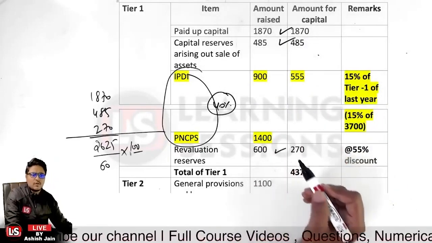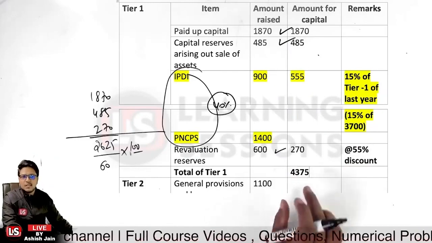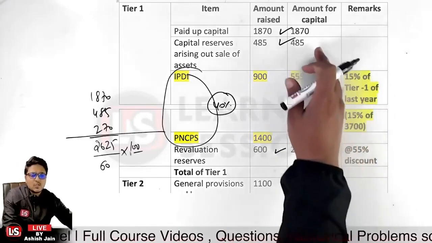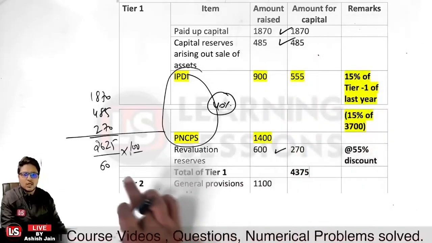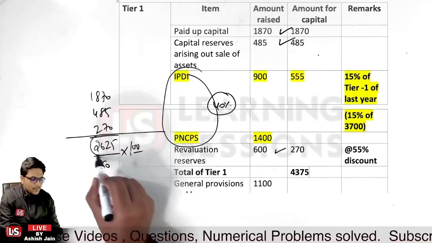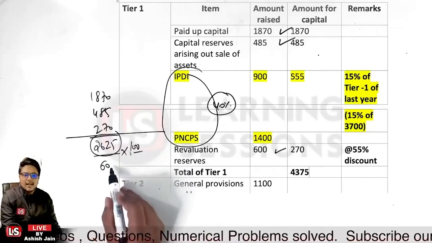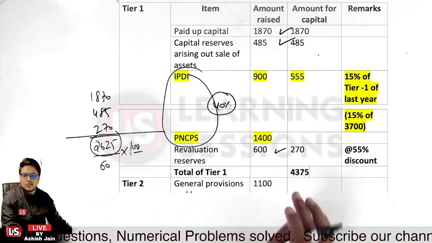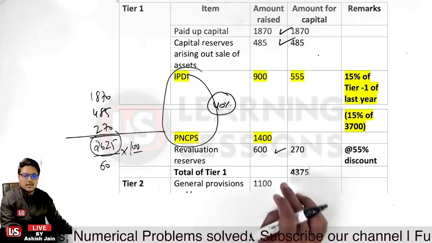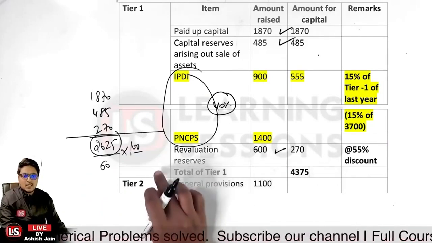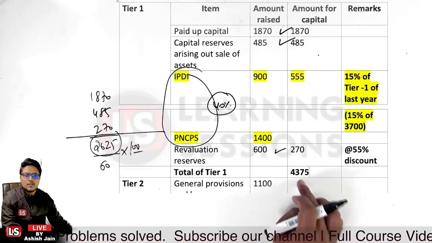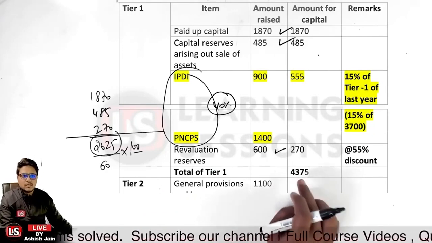These components will be forming 60% of the part. That is 1870 plus 485 plus 270, and the total comes out to be 2625. That part forms 60%, and we need to calculate the 100%, the total amount of the tier 1 capital, so that is multiplied by 100. That comes out to be 4375.